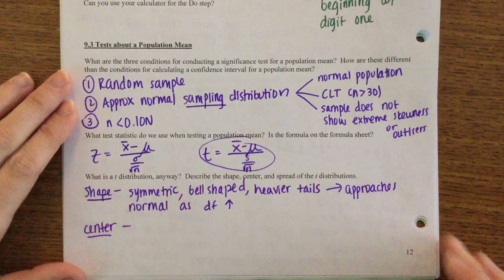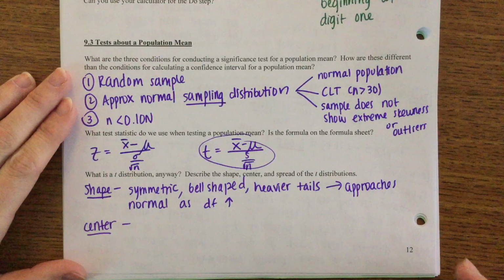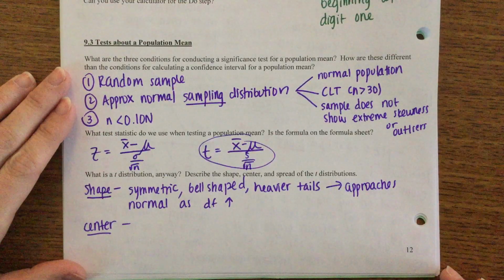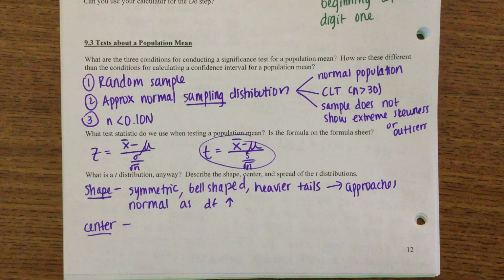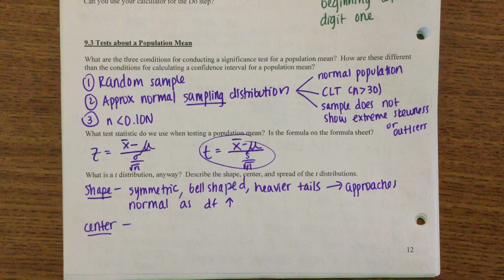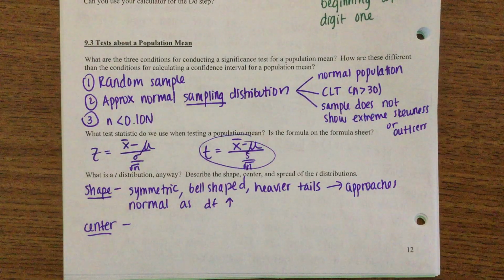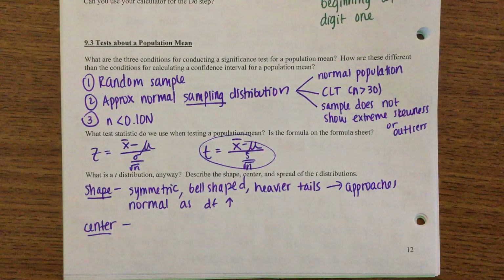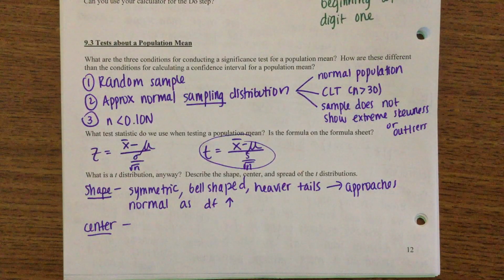Center of a t-distribution? No. Okay, so let's think real quick. When you use normal CDF on the calculator, you have to put in a lower bound and an upper bound. What are the other two pieces of information you have to give the calculator? Standard deviation and mean.